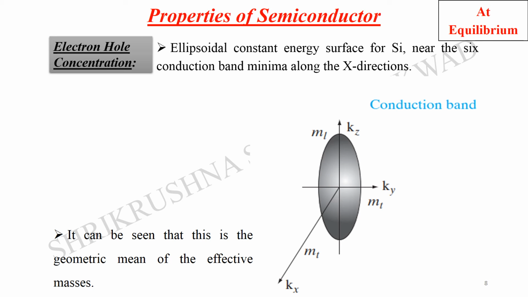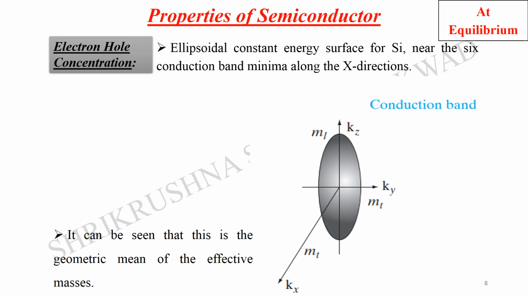So here is the ellipsoid, or a cigar shape. We can say m_l star is the mass distributed along the cigar-shaped distribution of the effective masses. On the other hand, the transverse masses will be along the other two directions.